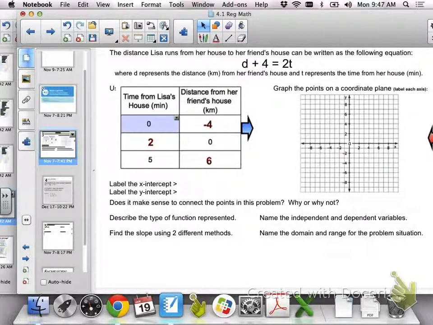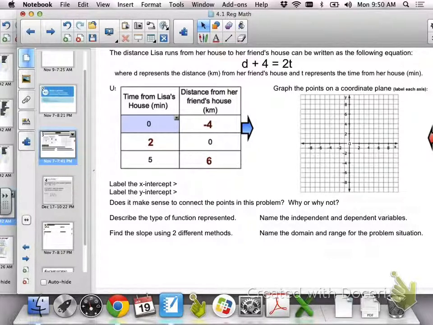All right, ladies and gentlemen, take that information and plot it on this graph. I'll give you a minute as a team to plot that table. If I look at the ordered pair 5, 6, what direction do I go first? Sydney, what do I do first?